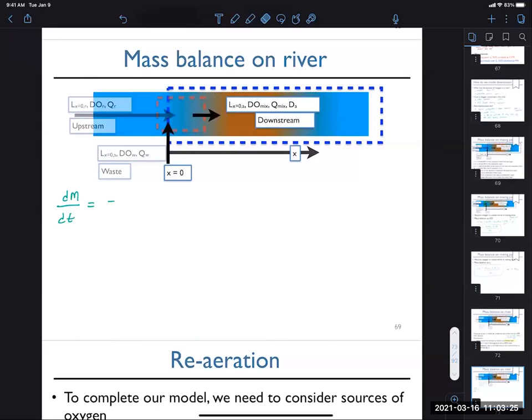Taking a step back, dm dt, this is for my plug flow reactor. I'm going to have two things happening here. I'm going to have a negative reaction term. This is O2 consumption by the microbes, which is equal to KD times LT.